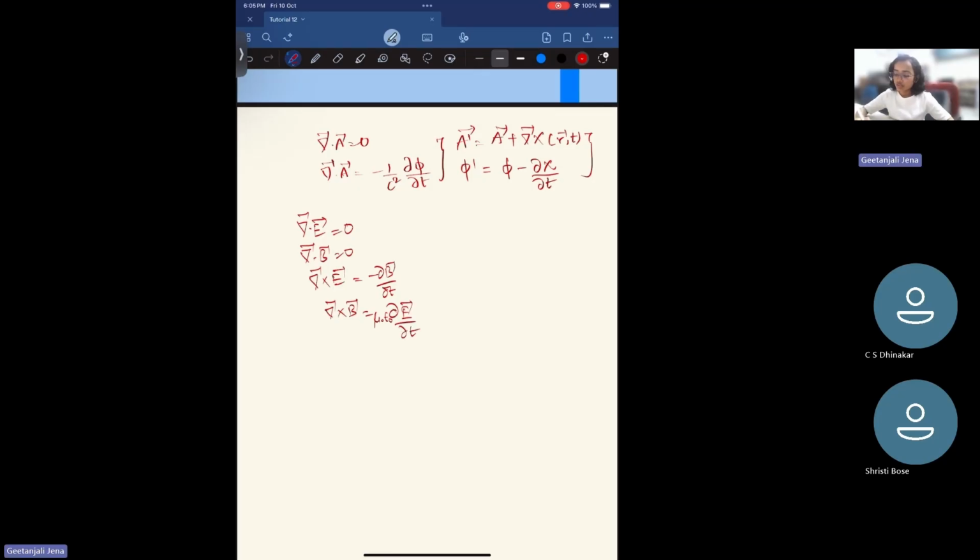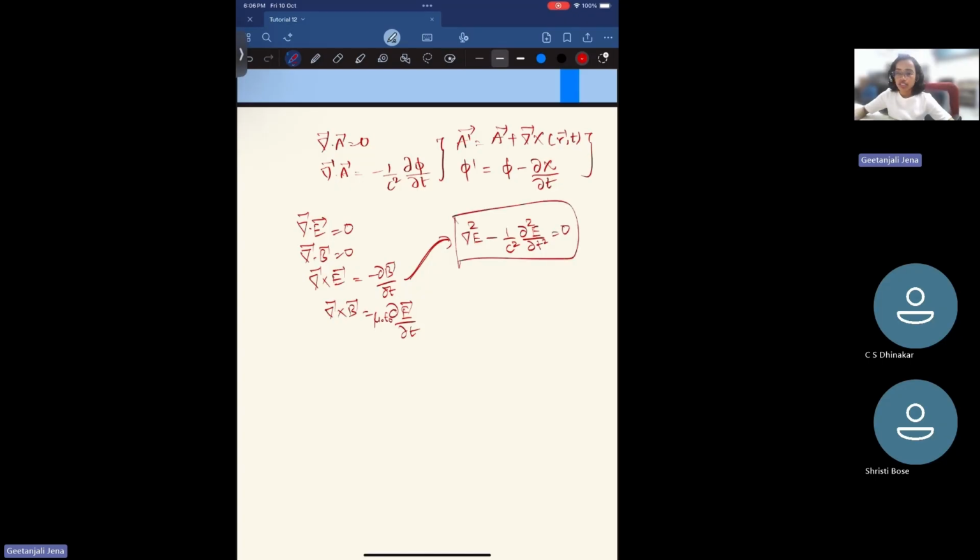And when you take the curl of the third equation and do some mathematical simplification, you see that we can get a wave equation for the electromagnetic field in vacuum. This is given by del square E minus 1 by c square dou square E by dou t square equals 0.